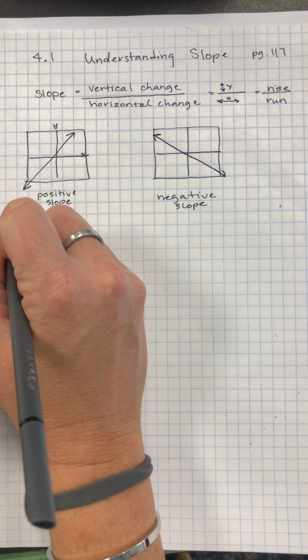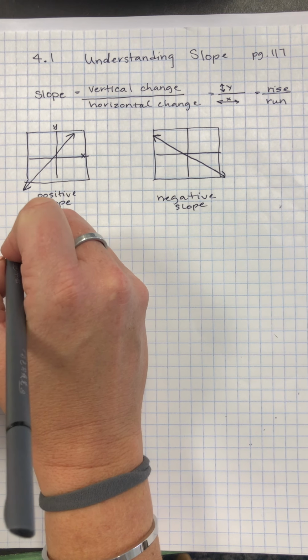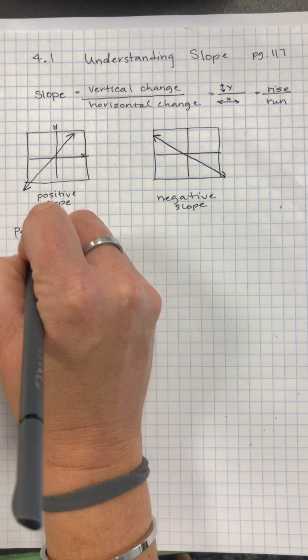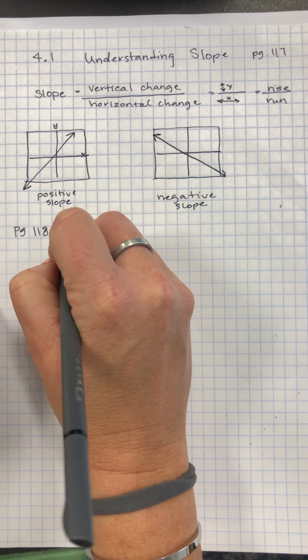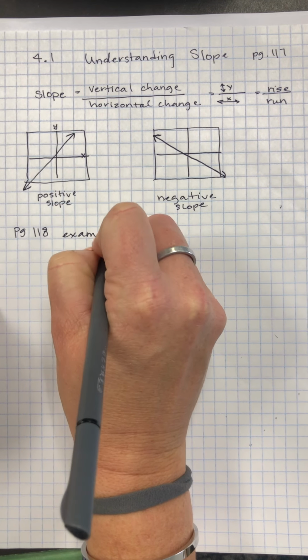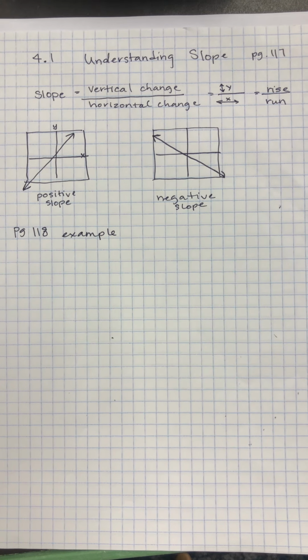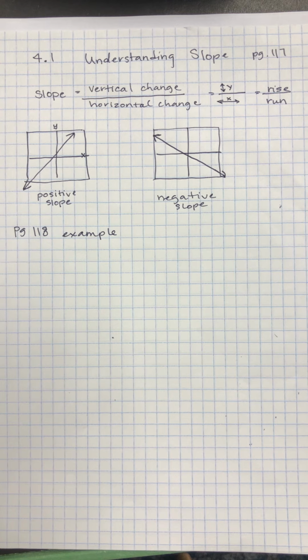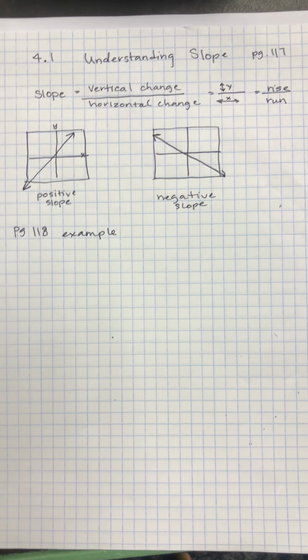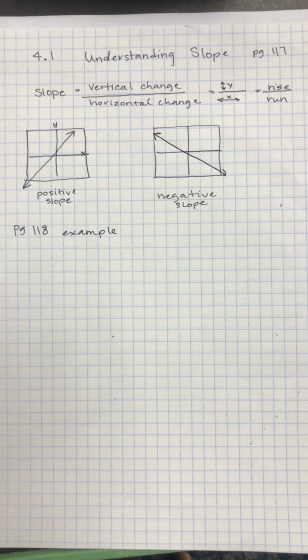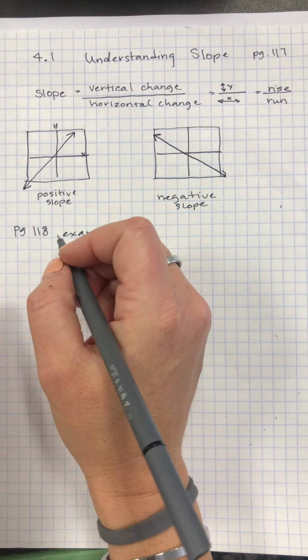Okay, in your book, on page 118, let's look at the first example. Look in your books. If it's not open, open it. The graph is already there. They've given you 2 points.